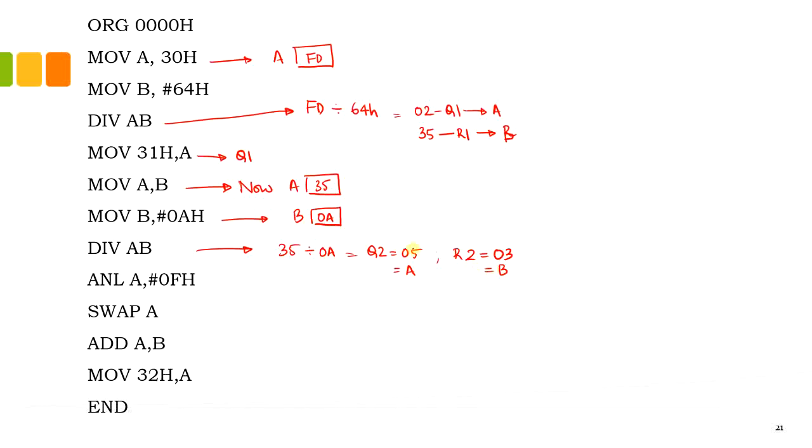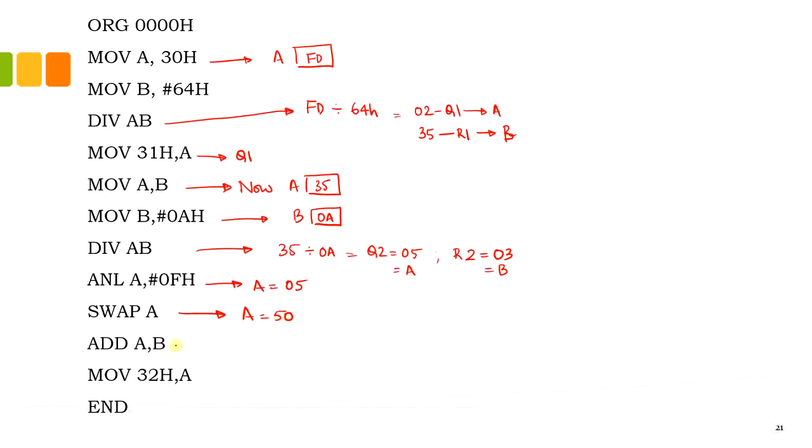So we need to first perform the masking with 0F. When you perform the masking, the accumulator now will be having the same result, because masking is done such that the upper nibble disappears, and here the result will be 0,5. Then we are going to swap. Now accumulator will be containing 5,0.